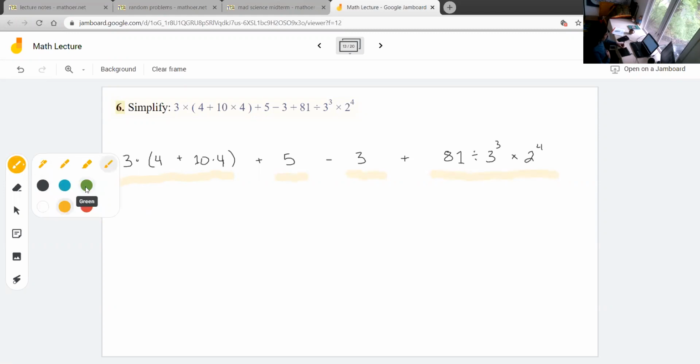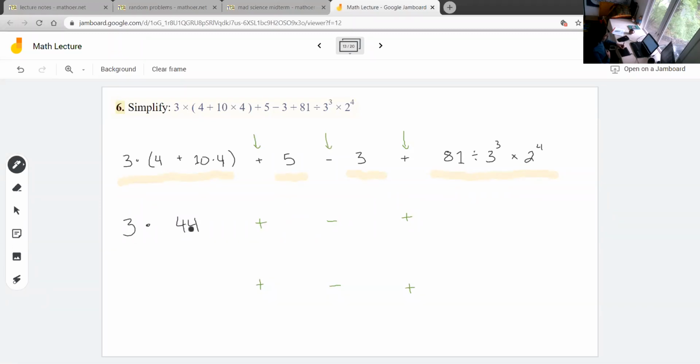And that means that these pluses and minuses are just going to walk down the page, because each term is a totally separate thing. So starting on the left, not that I have to, but why not? 10 times 4 is going to be 40, plus 4 more is 44.